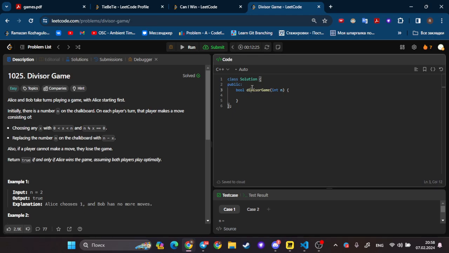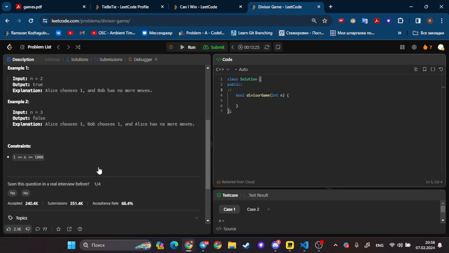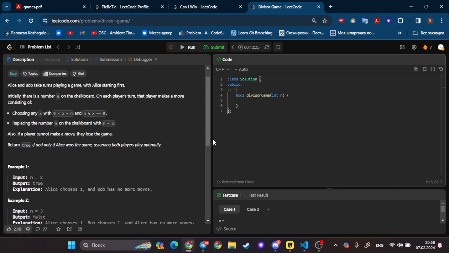Okay, what did you get in the first case? What is in the one? Who wins if we have only one, Alice or Bob? Alice. If a player cannot make a move, they lose the game.